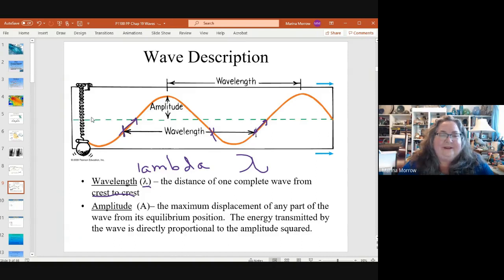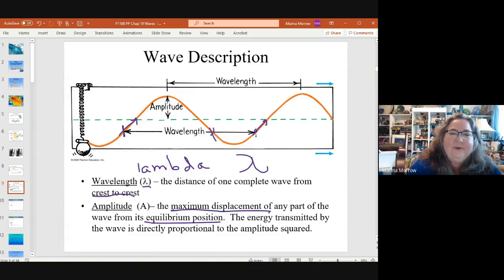Okay, now amplitude. Amplitude is how high the wave is. But for scientists, we measure amplitude from the equilibrium position. So we're looking for the maximum displacement of the wave from its equilibrium position. So think about how this wave here started. This is a mass on a spring. So the mass started in this location, and then it was pulled down, and then it's released, and it bobs up and down.